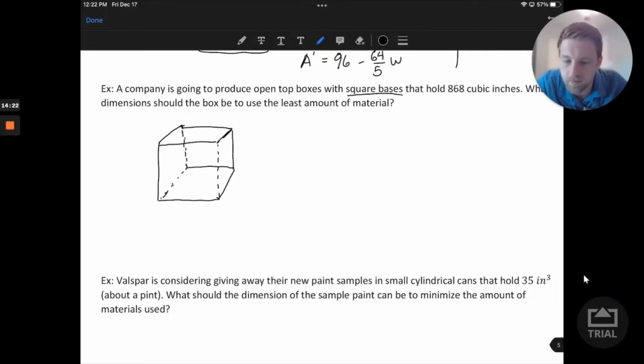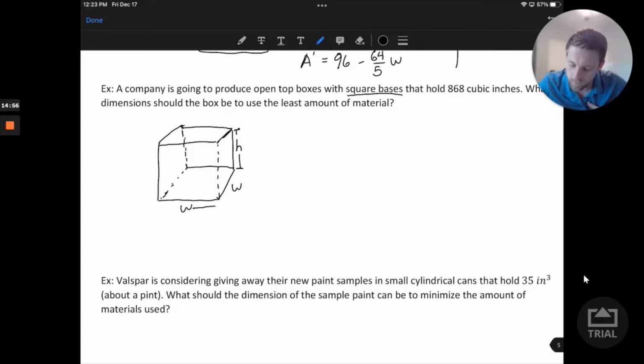we are told that this box, again, has an open top, so there's nothing on the top here. So we're really just dealing with walls and a base. And so if I consider the dimensions, if we have a square base, then we have maybe some height of the box. We'll call that h. And the dimensions of our base have to be the same, those side lengths. So maybe we call that w as well, the width of the box.